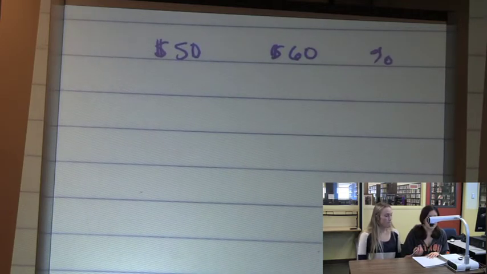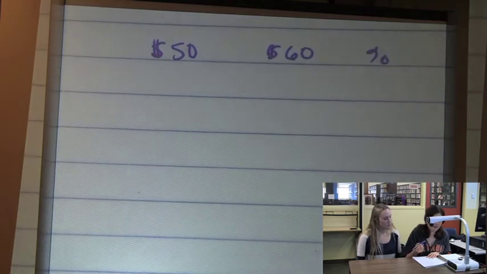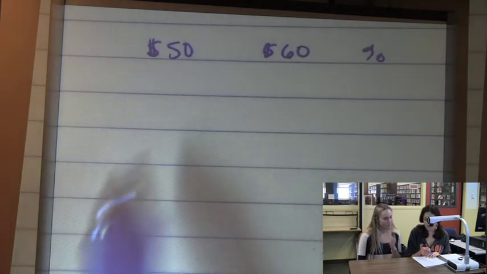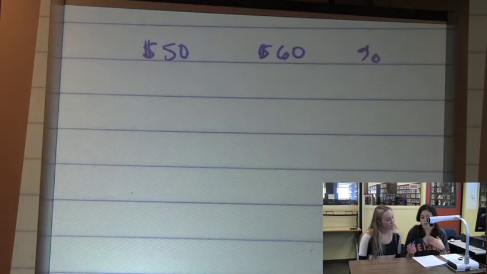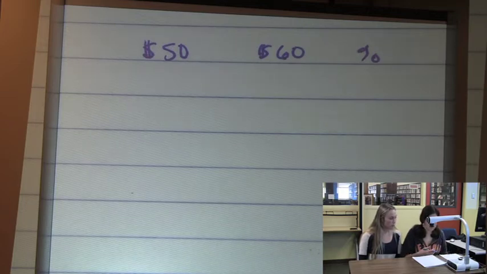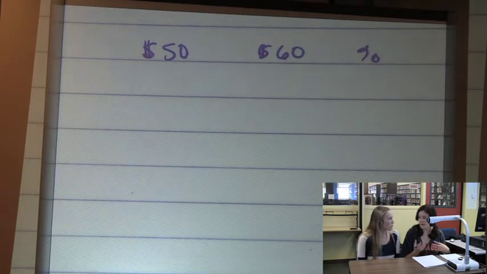It started at $50 and ended at $60. With percent markup, you just add a percent of the original price to the original price to get the final price, if that makes sense.